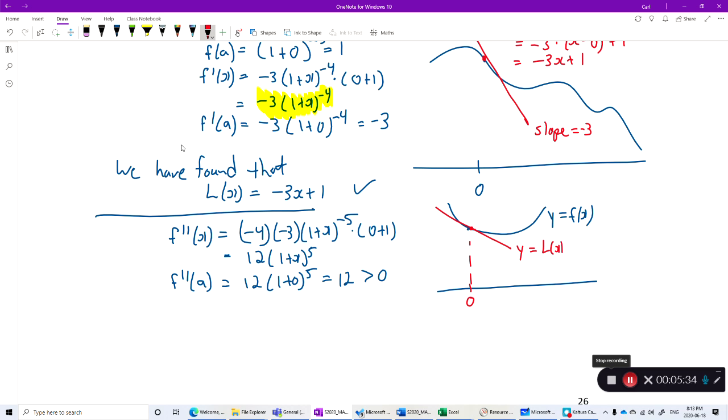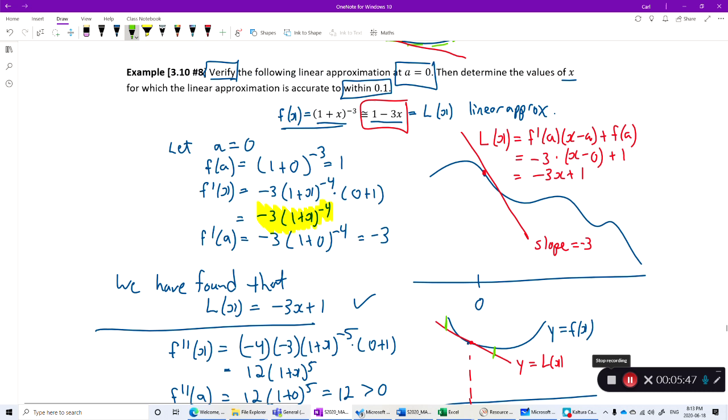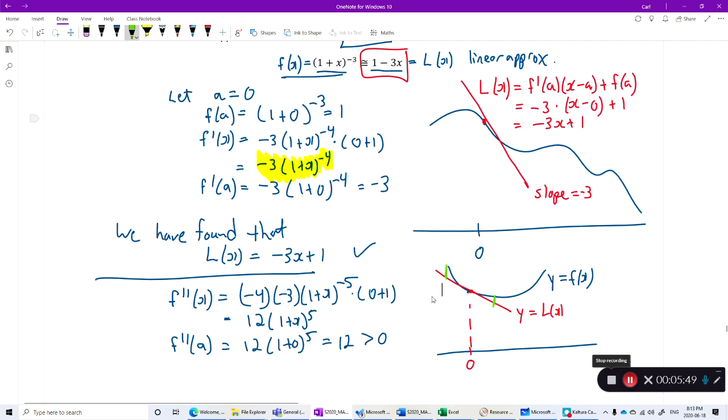So what I'm looking for is, when is it that this distance here is equal to 0.1? When is this distance equal to 0.1? Because that will define the interval where the approximation is pretty good.